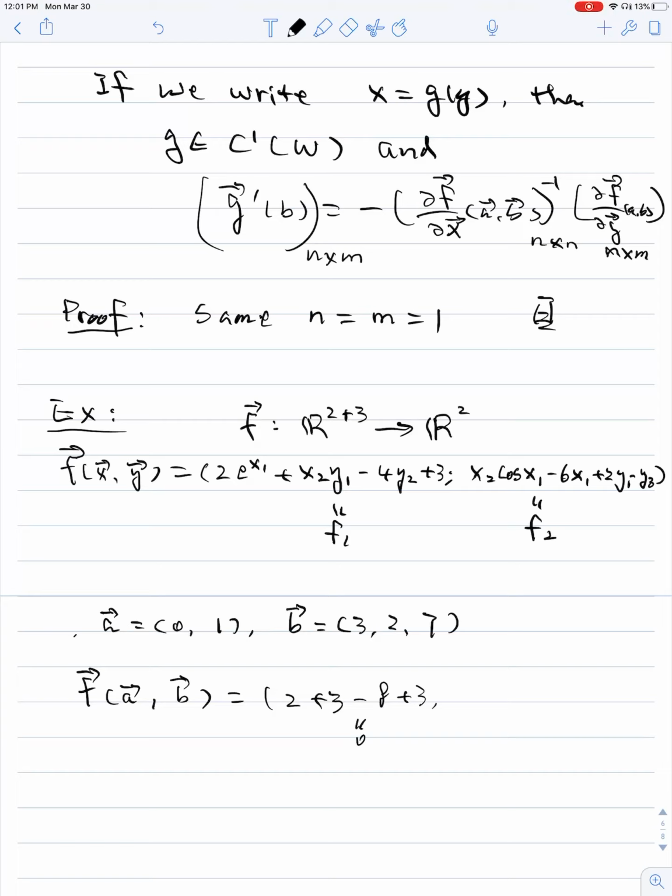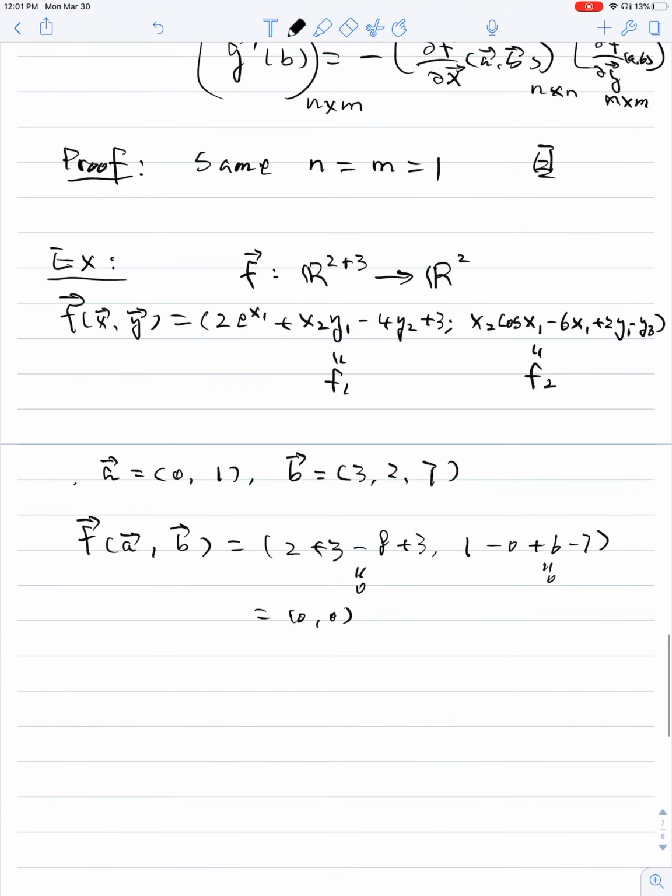Then if you plug in x2 is 1 and x1 is 0, so 1 minus 0, so this is 0 for x2 times y1, y1 is 3, so this is 6, and y3 is 7, so therefore this is also 0.